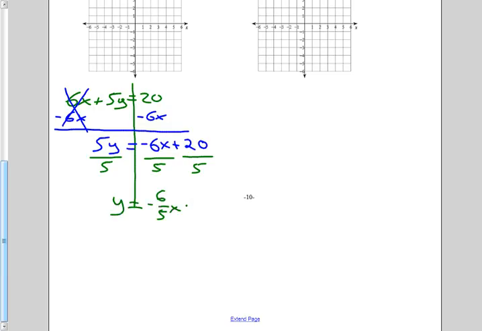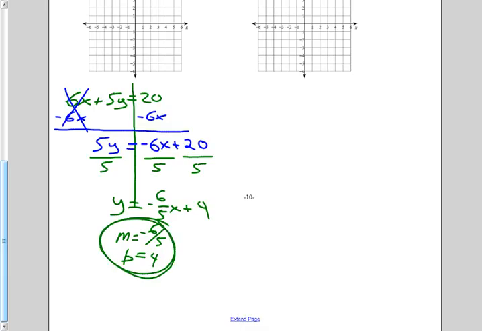Because now I know that the slope is negative 6 over 5, and the y value of the y-intercept is 4. Now I'm ready to graph.